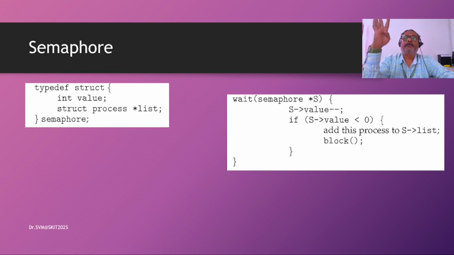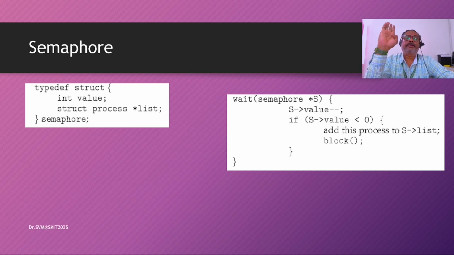Then next time 4 were there, as you enter, reduced. Then 3 were there, the moment you enter, reduced. 2 were there, the moment you entered, reduced. And 1 was there, the moment you entered, reduced. So even then, for the 5th process, the value was 0.